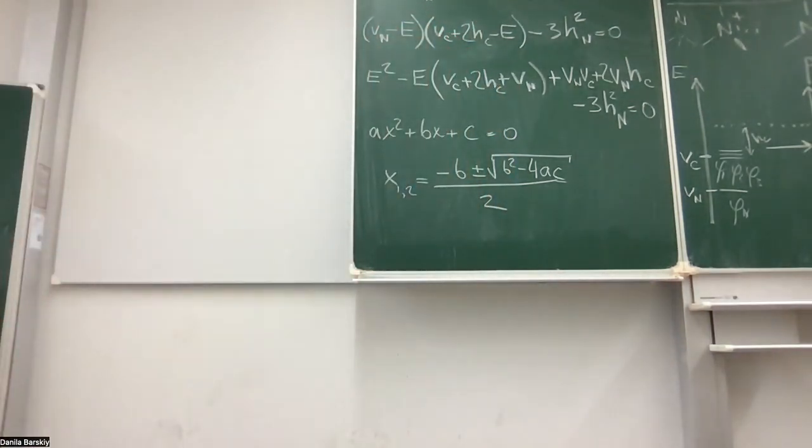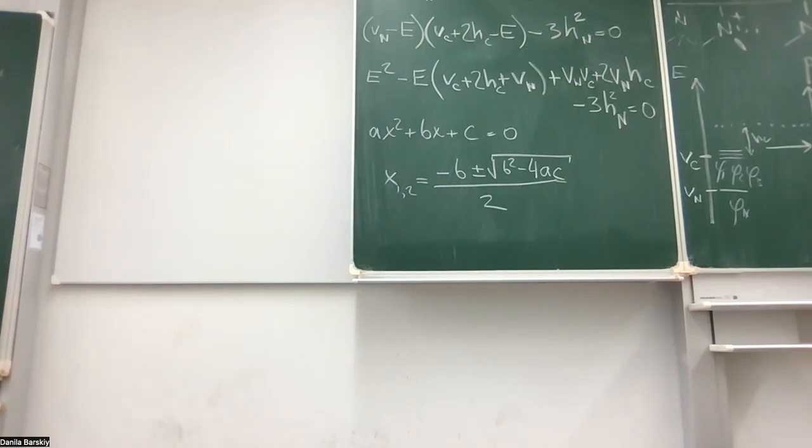Because just all C maybe. The C plus 2N is E minus 3HN squared. Okay, that's good.